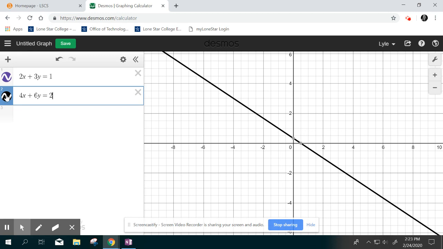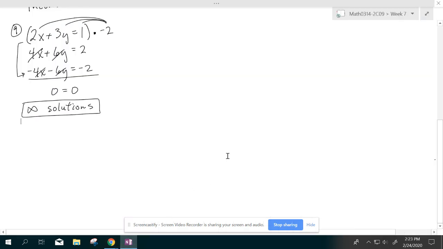Now, do y'all see two lines? Watch this. I'm going to turn the second one off. Look at that. And back on, off, and on. Do y'all see that? Okay. Man, Desmos is nice to help check those.